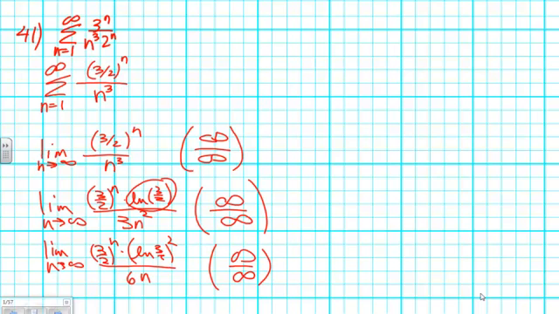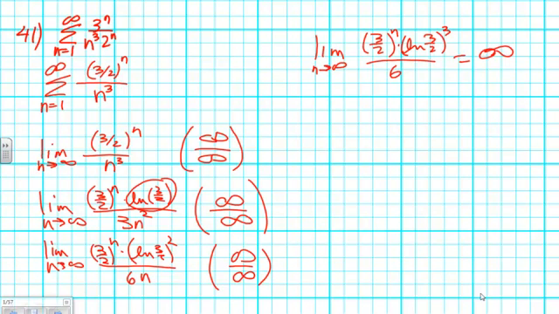So there's no product rule on the top. Continuing on, our last time, it's going to be 3 halves to the n times the natural log of 3 halves quantity cubed over 6. And that clearly goes to infinity.